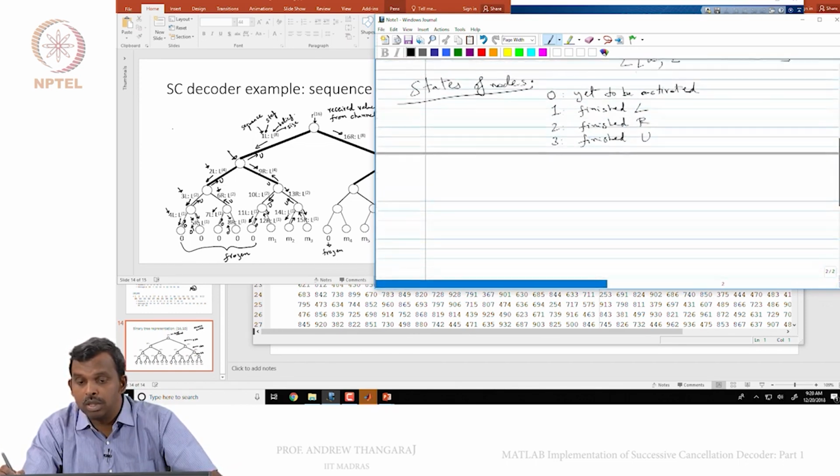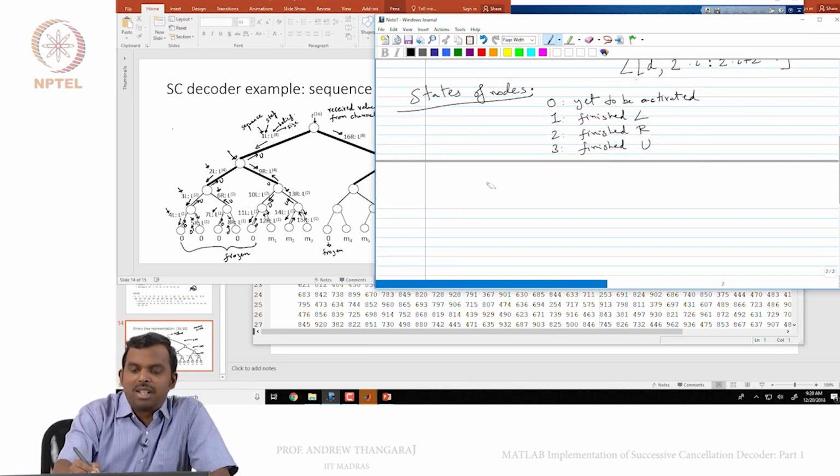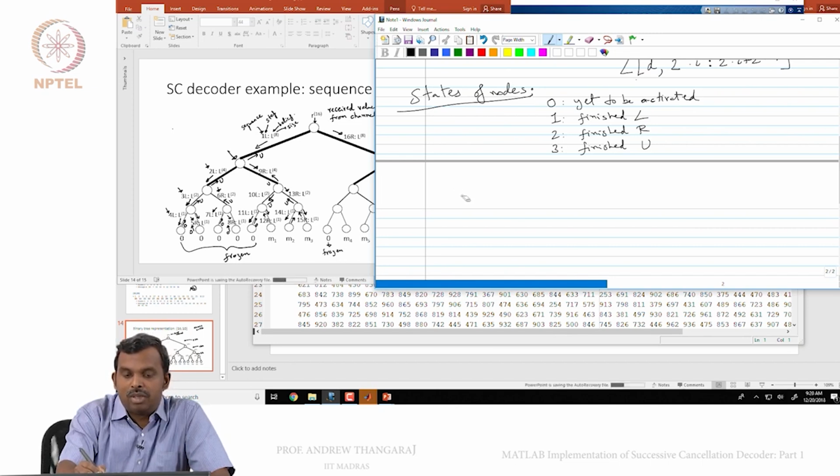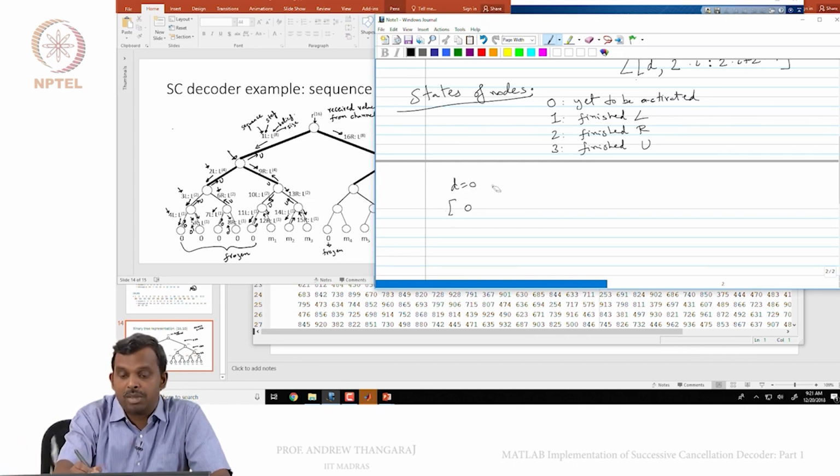Okay, so how do I store the states? Maybe I'll do something slightly efficient here instead of being very inefficient. Remember, at depth 0 you have only 0. So I'll store the states in one linear array. Initially I have depth 0, then depth 1 with only two nodes, 0 and 1.